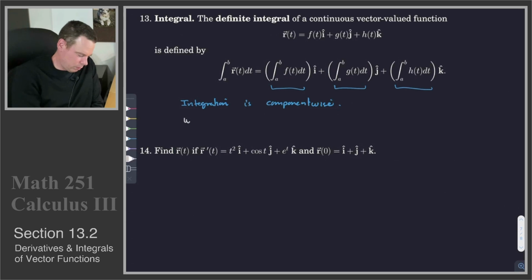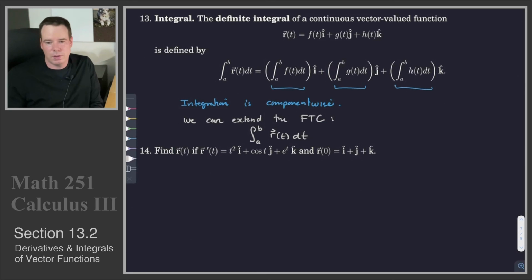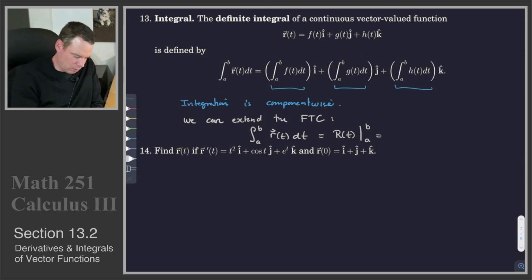And in particular, we can extend the fundamental theorem of calculus then. Because what this means is that in order to integrate r of t dt, I just need to integrate the individual components, and to do those I just need to find antiderivatives, and so I can compute the integral of a vector valued function by finding an antiderivative of the function and evaluating it at the endpoints.